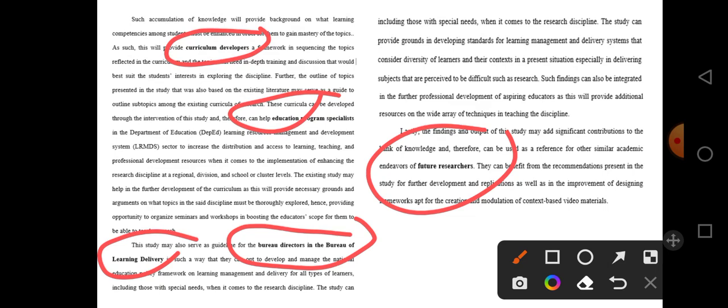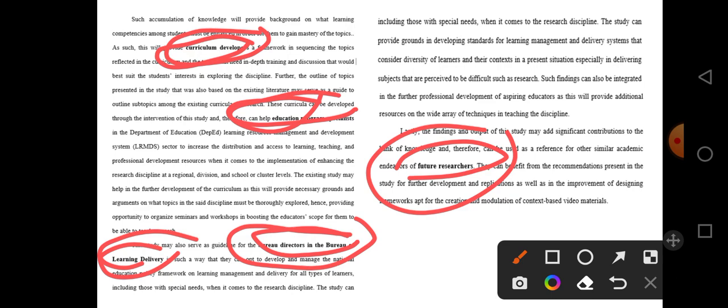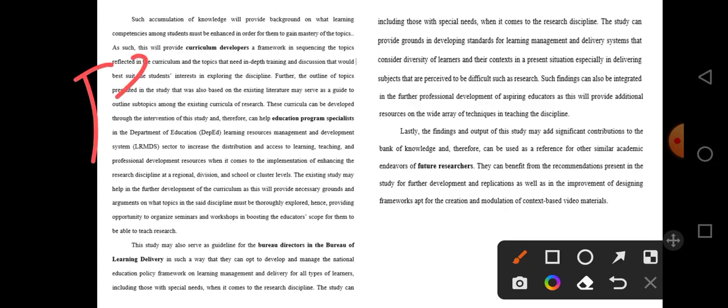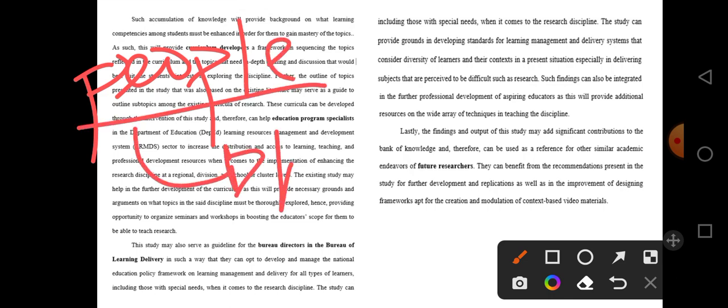Unlike our previous organizational pattern, class, we have here words highlighted in boldface type. Okay, and what is the similarity of these words? These words are actually addressed to some people, and these people are the beneficiaries of your study.